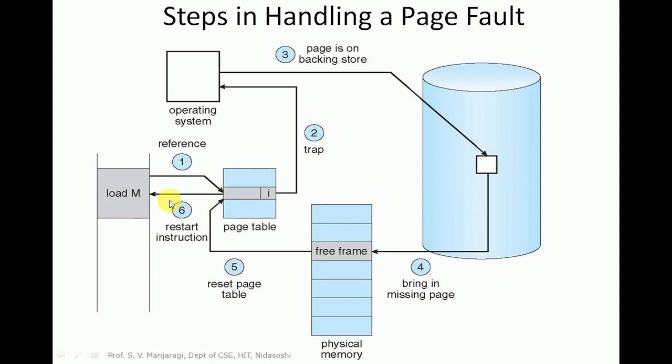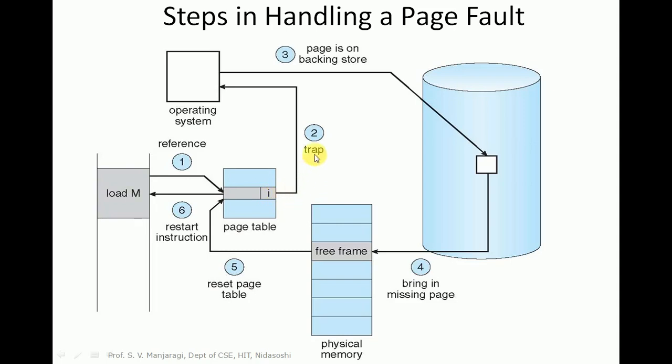In this diagram, you have made a reference to load page M into the physical memory, but its entry in the page table is marked as invalid. So that particular page is not there in the memory. This is called a page fault.